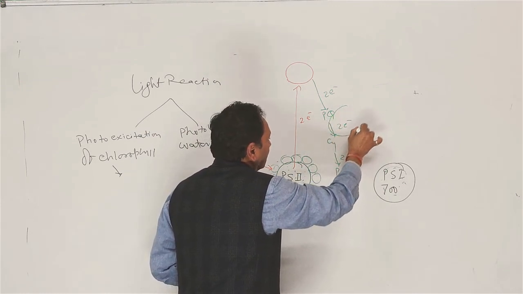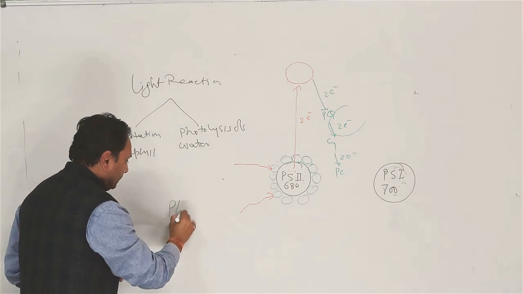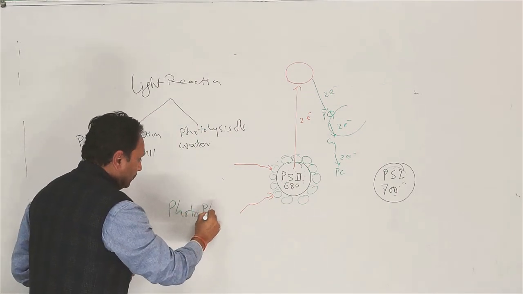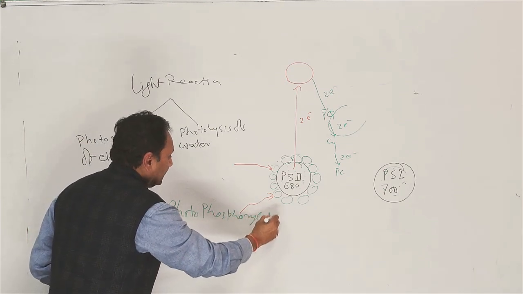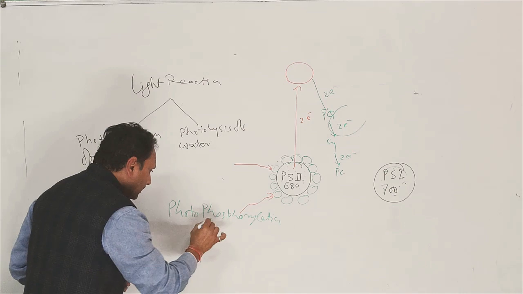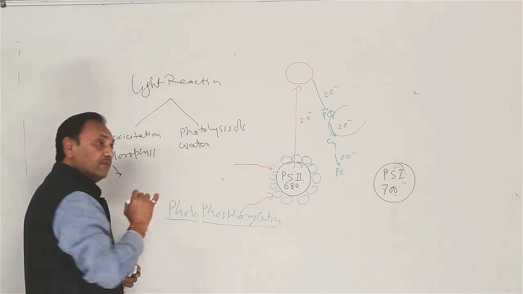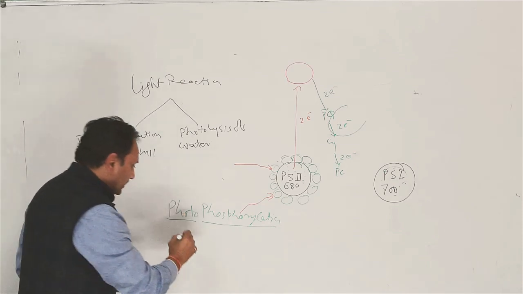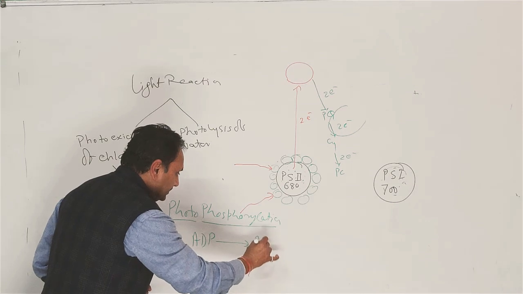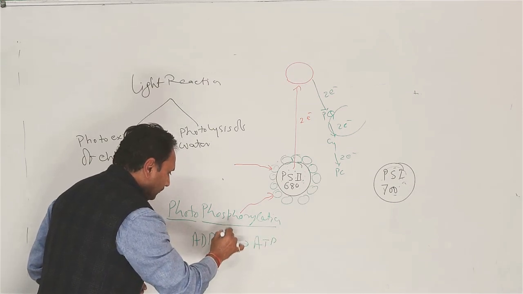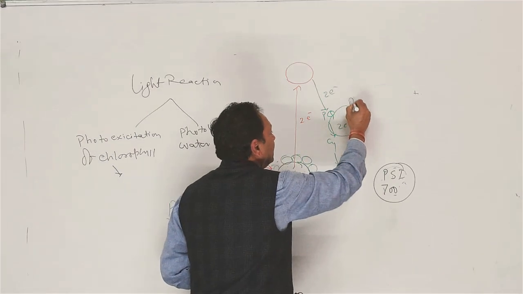Here is photophosphorylation. It means addition of phosphate in presence of light. Here ADP is converted into ATP by addition of one inorganic phosphate.